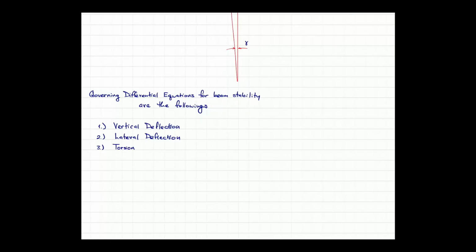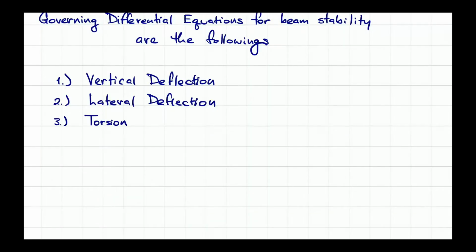But when you talk about other cross-sections like the I-beam cross-section, you're going to have the warping effect.